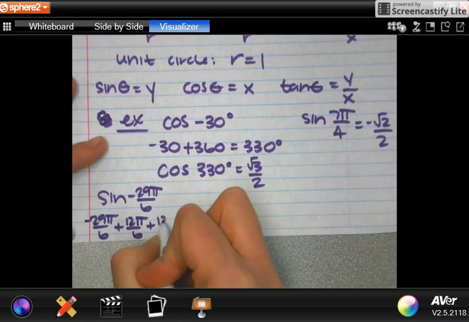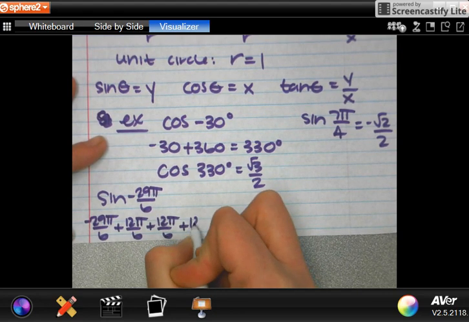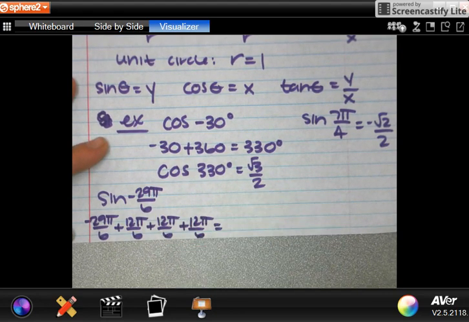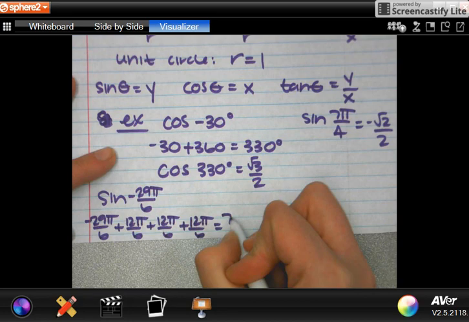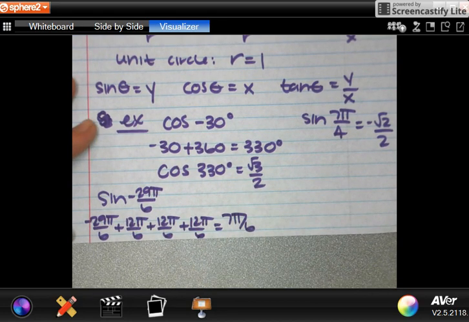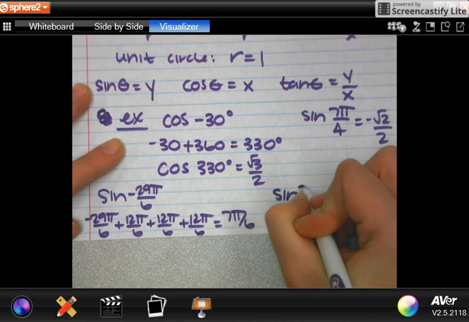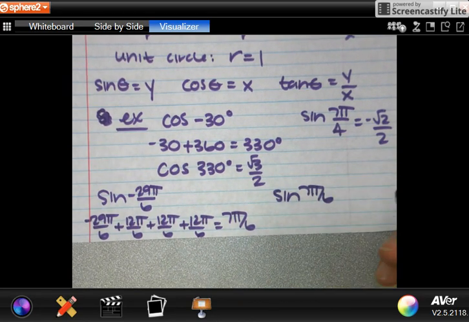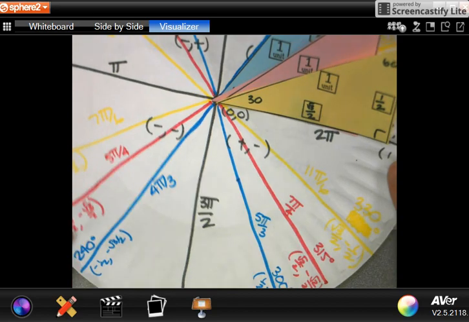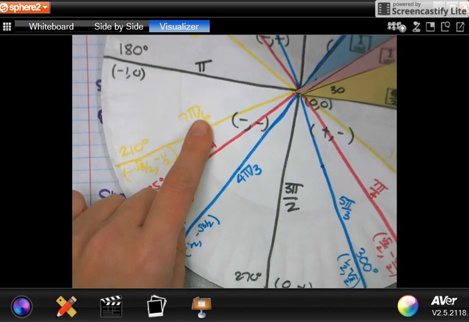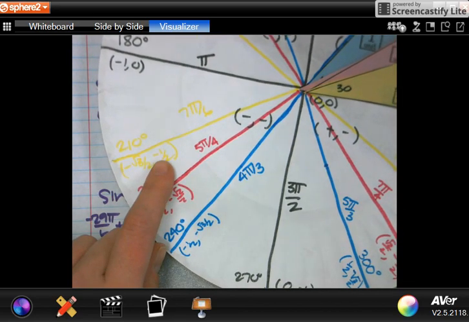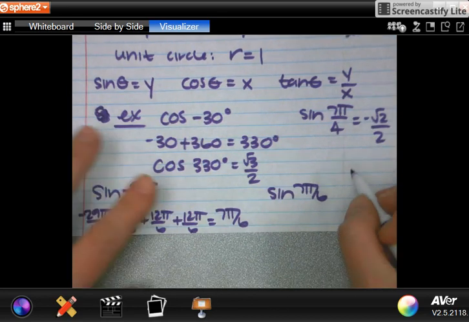In this case, I have to do it 3 times to come out to a positive coterminal angle, so 7 pi over 6. So this problem is the same as finding sine of 7 pi over 6. On the unit circle, go to 7 pi over 6, and sine is just going to be the y-coordinate, so -1/2.